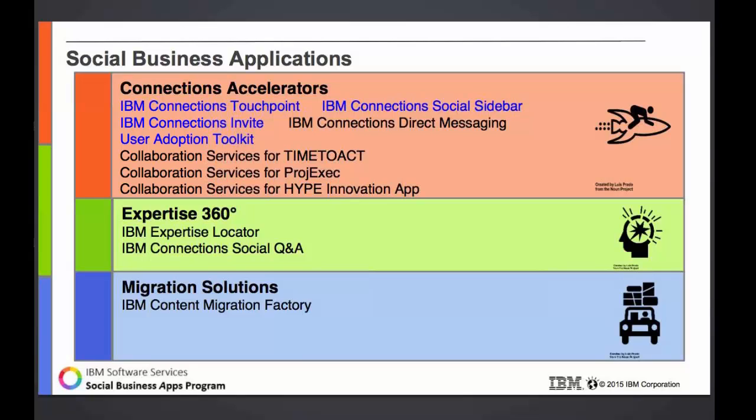As they adopt Connections, they see that it makes more sense to bring that document library from Domino into Connections, either through Files or Connections Content Manager, where what was a document library in Domino becomes a community with a set of community files in Connections. IBM Content Migration Factory is the tooling that we use for such migration.